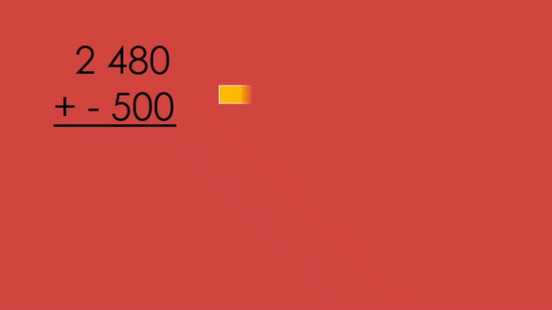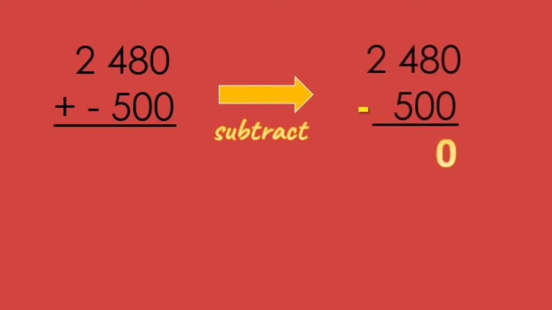So since both of them have different signs, we will subtract. So 2,480 minus 500. So 0 minus 0 is 0, 8 minus 0 is 8, 4 minus 5 cannot be, so we will borrow from 2 and then carry 1, and 4 will become 14. 14 minus 5 is 9, and bring down 1, and the answer is 1980.